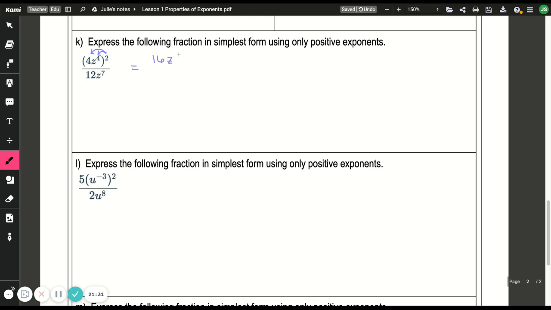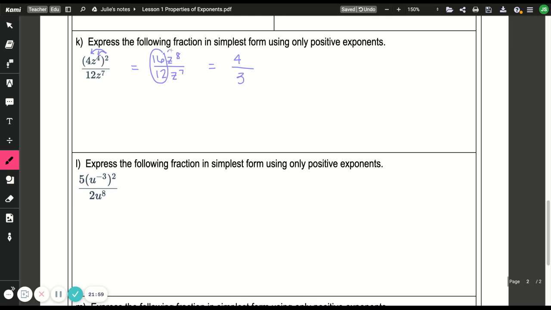Z to the 8th over 12 z to the 7th. And now I'm going to reduce. So 16 over 12 as a fraction. I can reduce that. They're both divisible by 4. 16 divided by 4 is 4, and 12 divided by 4 is 3.